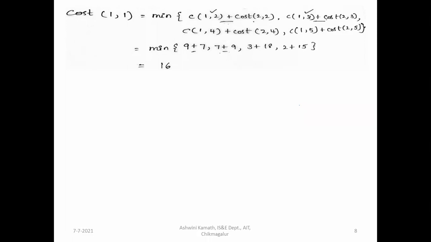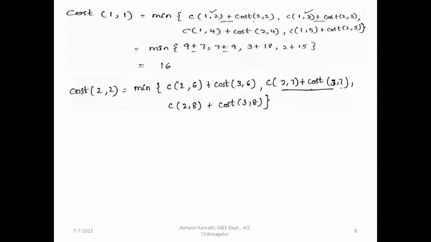So from this first and second we have got the value 16, right? We have marked that. Okay, let us check cost of 2, 2 and cost of 2, 3. From 2, 2, we have got the minimum value from the 7th vertex, right? So let us go to that.